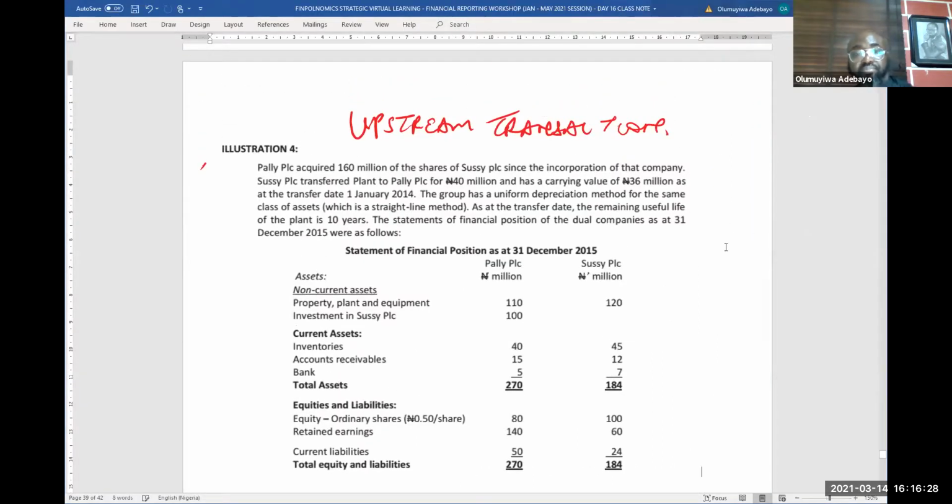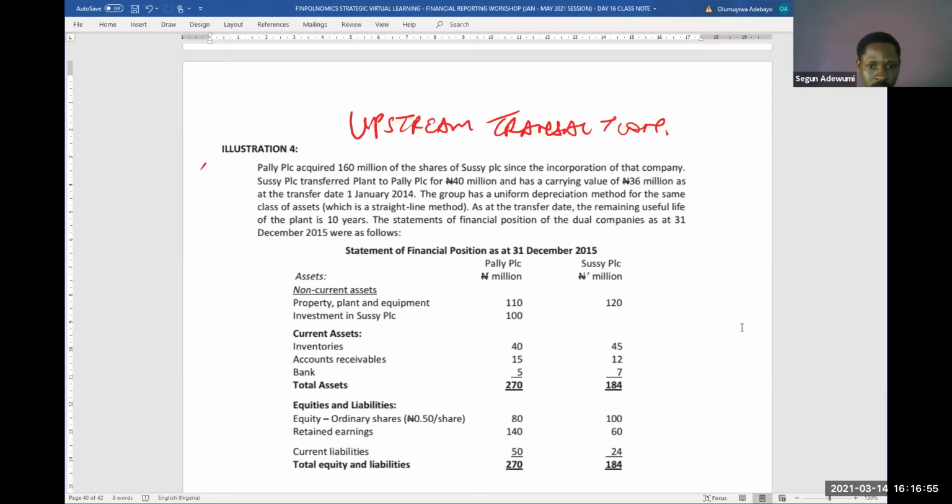Okay, Shagun. Illustration 4. Pali PLC acquired 160 million of the shares of Suzy PLC since the incorporation of that company. Suzy PLC transferred plant to Pali PLC for 40 million naira, with a carrying value of 36 million naira as at the transfer date, 1st January 2014.